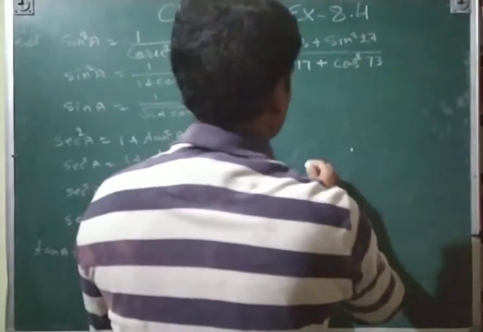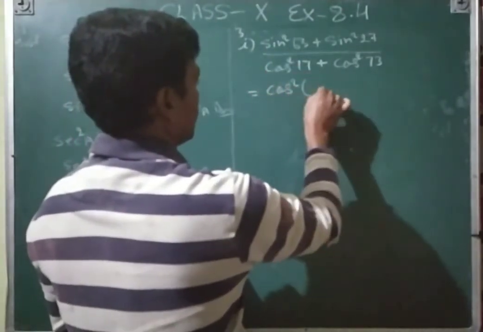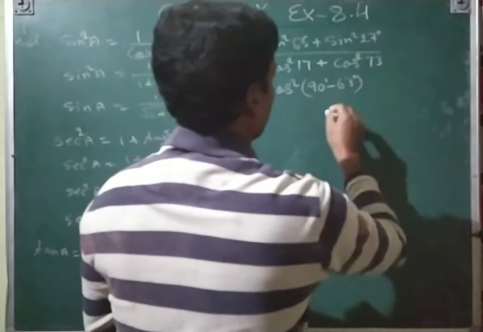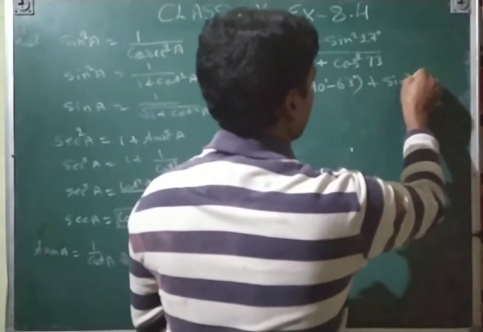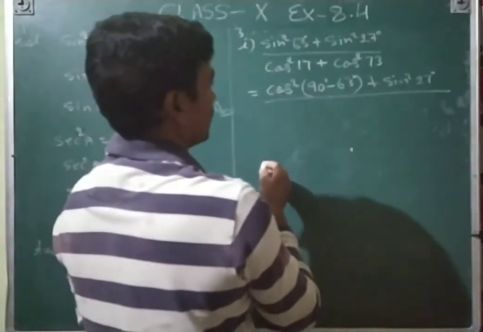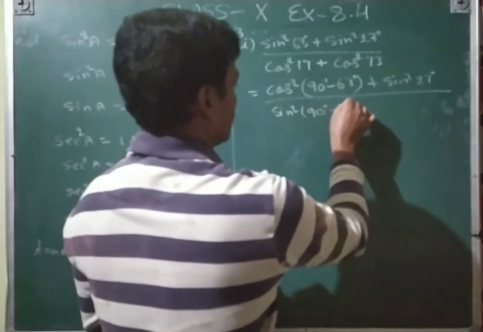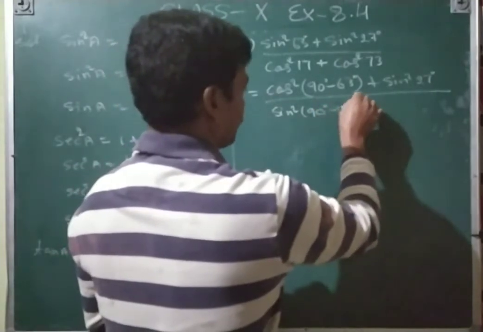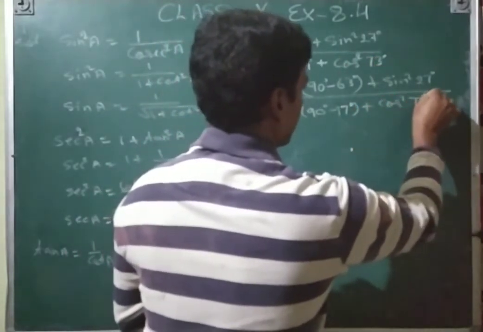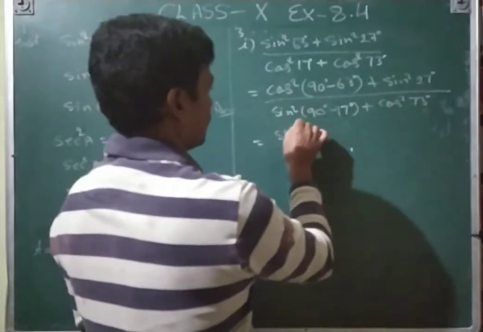Sin means cos, the square is the same, 90 minus 63, so this one will be sin square 27 degree upon cos square 17 means sin square 90 minus 17 degree, plus cos square 73 will be the same, and cos 90 minus A is equal to sin A.